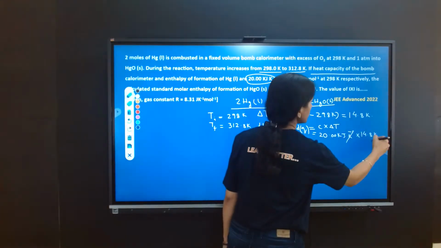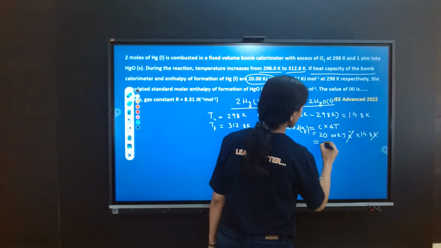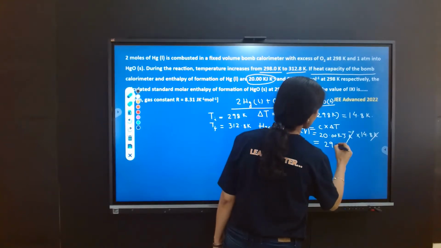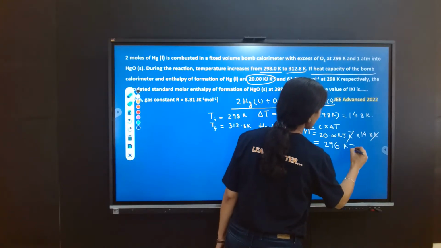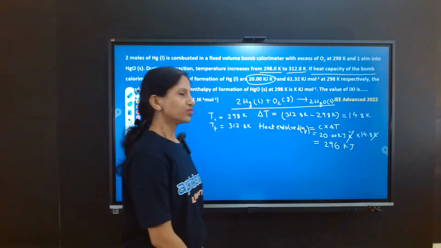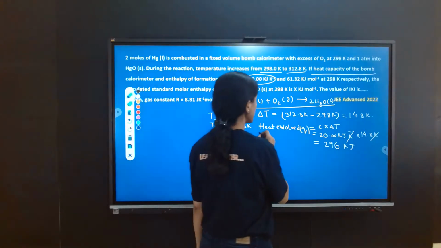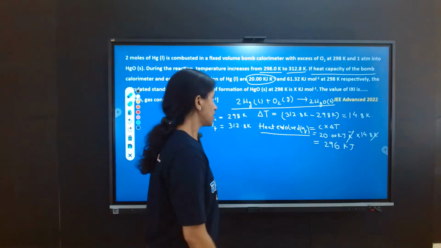So this Kelvin will cancel out and if you calculate, you will get 296 kilojoule as the heat evolved.